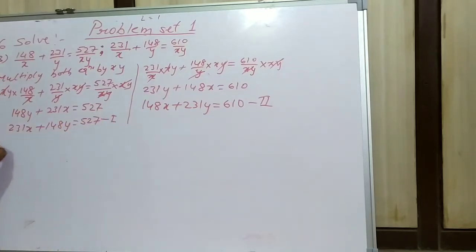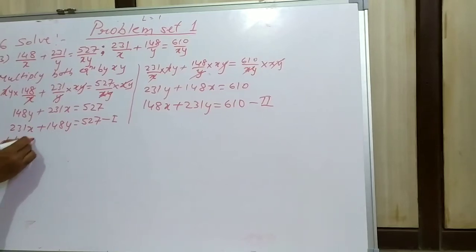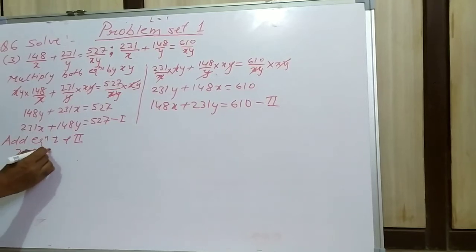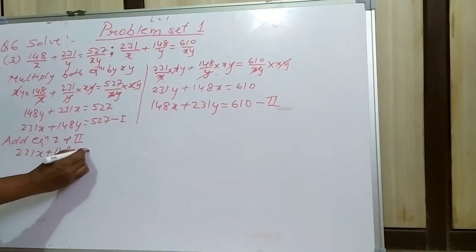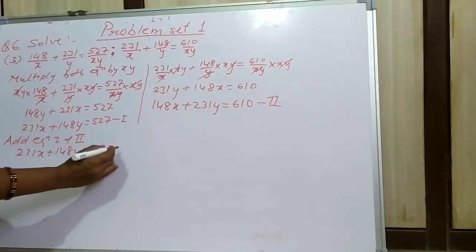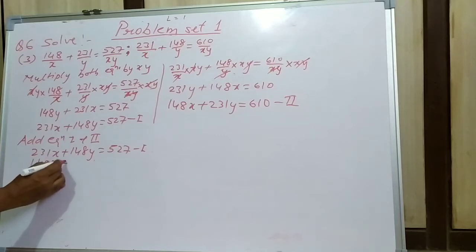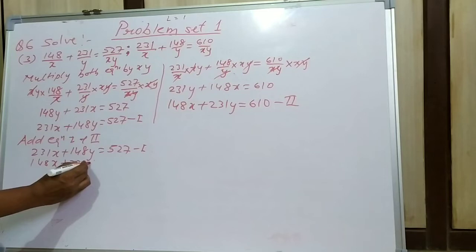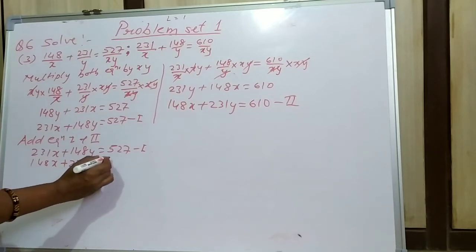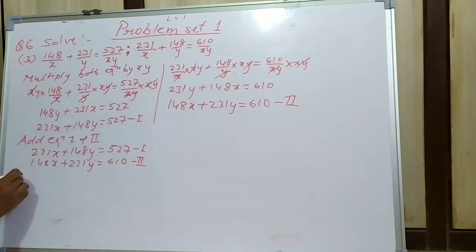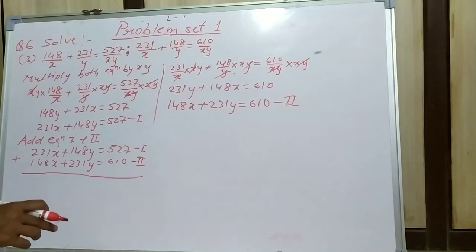First you will add equations 1 and 2. 231x plus 148y is equal to 527 is equation 1. 148x plus 231y is equal to 610, equation number 2. So you have to add these equations. Why are we adding? To bring it to the simplest form. That's why we are adding these equations.